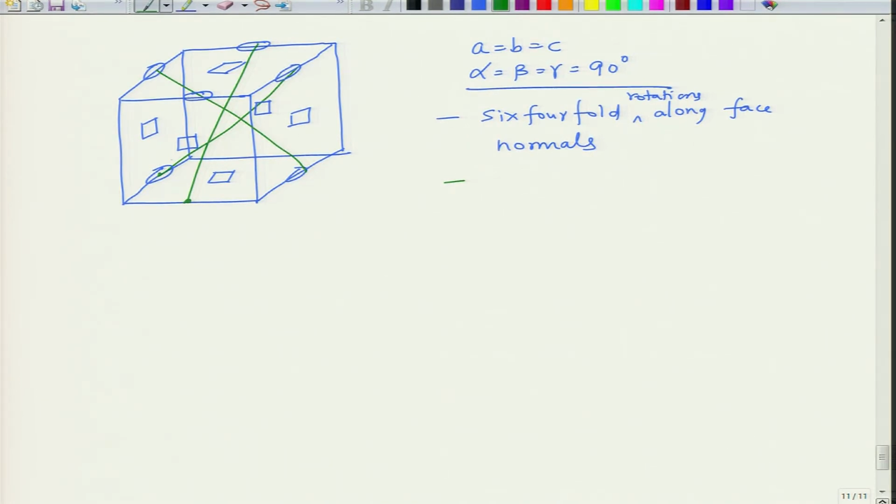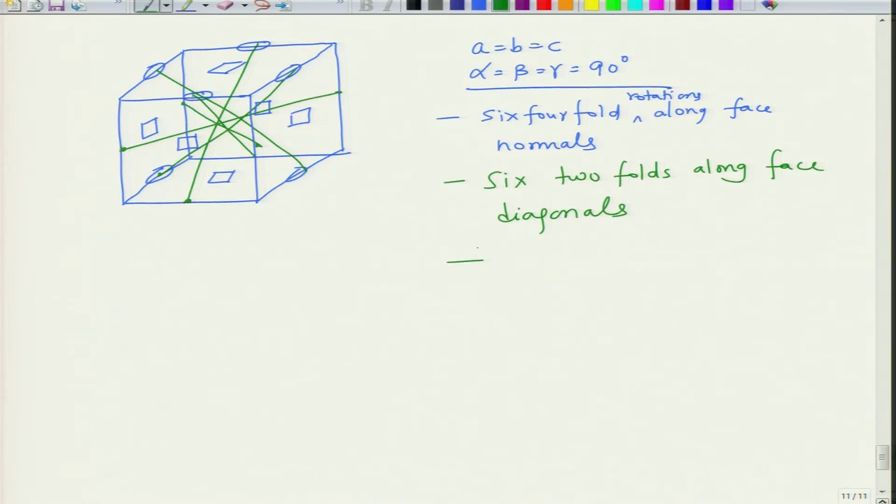You will have one of this, one of that, then one will connect here. So 1, 2, 3, 4, and then we will have one of these, and then you will have one of these as well. So you will have 6 2-folds along face diagonals.